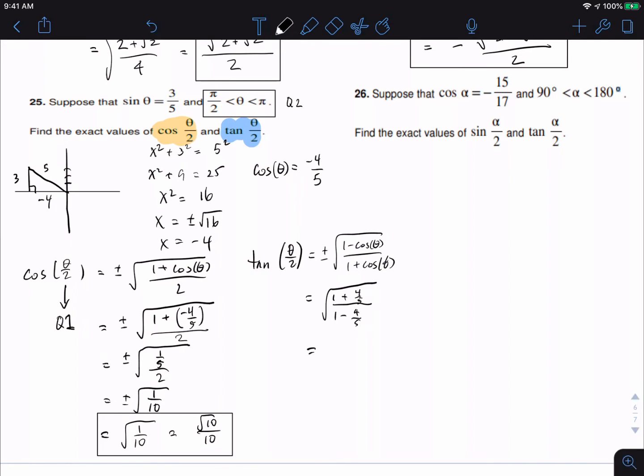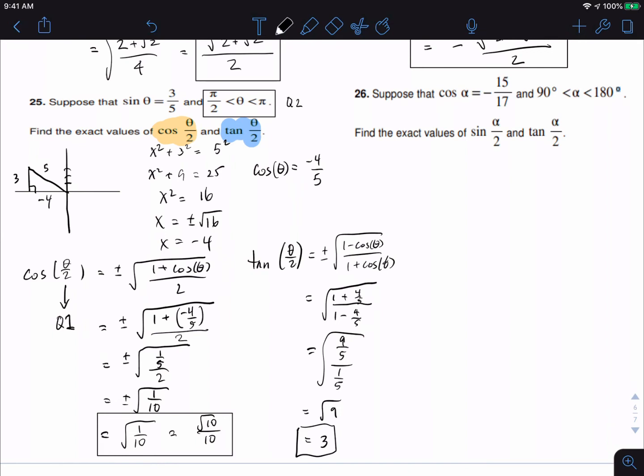And so that's going to give me 9/5 over 1/5 rooted, which when we simplify that is going to be the square root of 9, which yields 3. Okay? All right. Any questions? Are you guys with me?